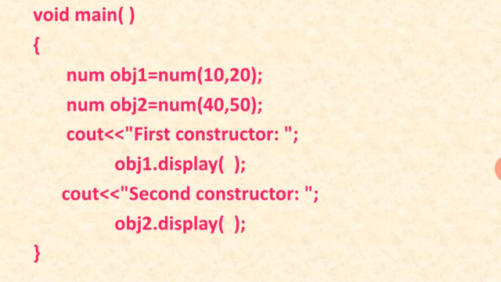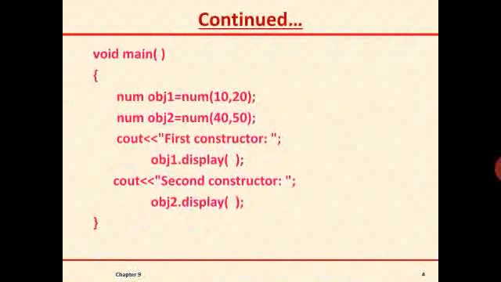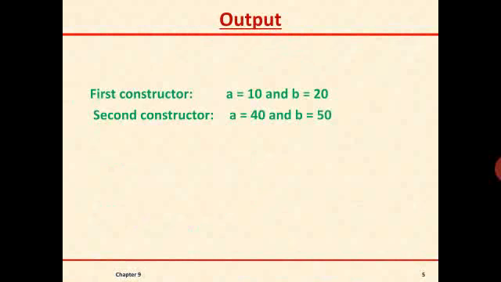So when I run this program, what will happen? The output will be shown as it is. That is, A is equal to 10 and B is equal to 20 for the first object, and in the second case we will have A is equal to 40 and B is equal to 50.